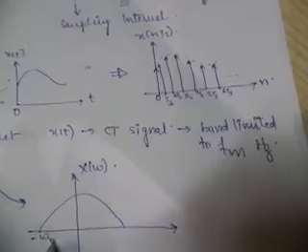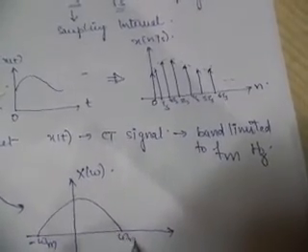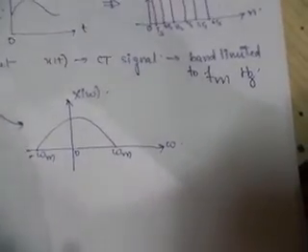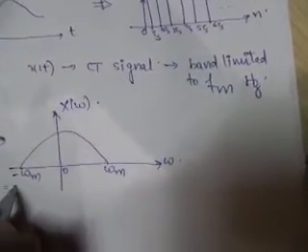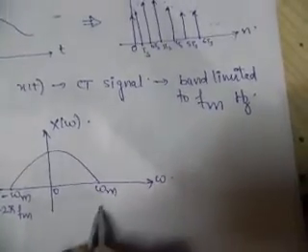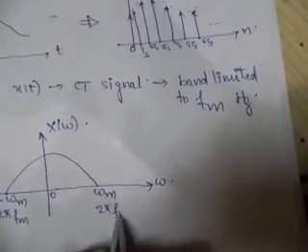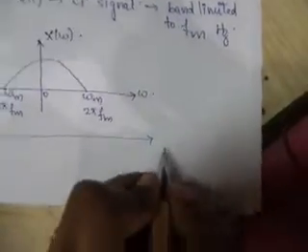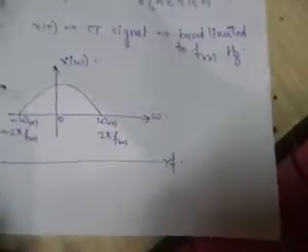This is minus omega m, this is plus omega m, it is 0, and the axis is in omega. It is equal to 2 pi Fm.